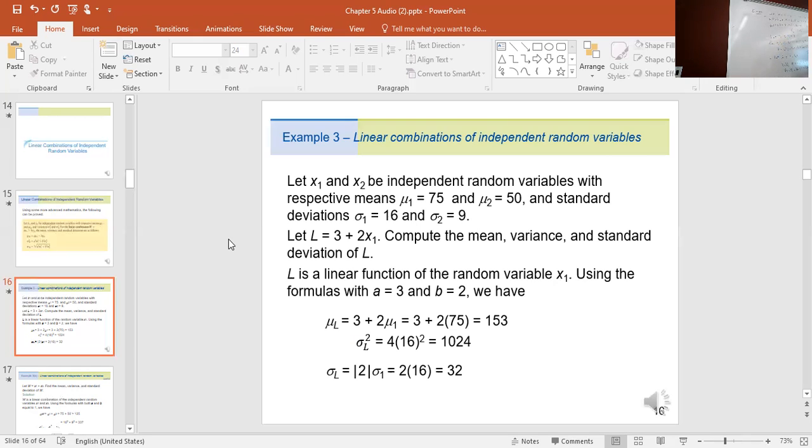So variance of y is 4 square, 2 square here is 4, and variance of x is 2 square. So this is 16 plus 16, this is 4 times 4, equals 32. So the standard deviation of z is square root of 32.